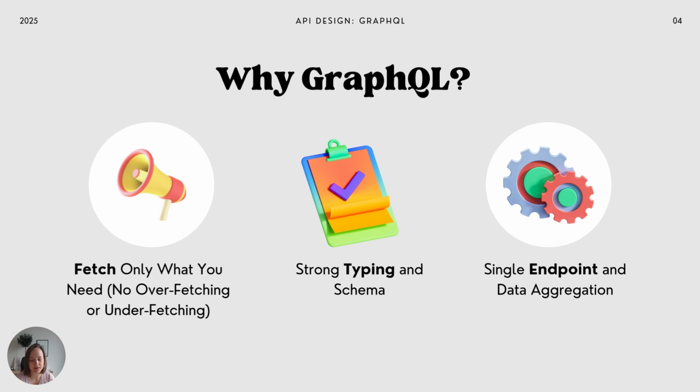There is a single endpoint that aggregates all the data. It doesn't mean that we don't have any challenges in designing an API, because we still have the same way of thinking. So if you have worked with REST, it will definitely help you to design a good GraphQL API as well, and you will see where.